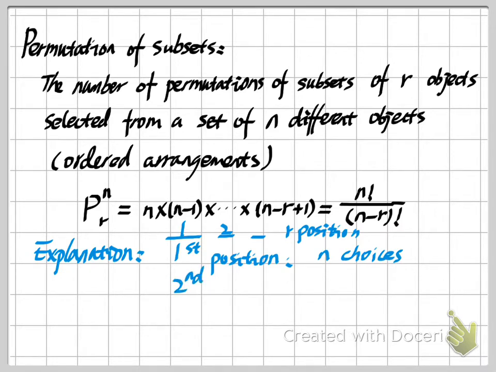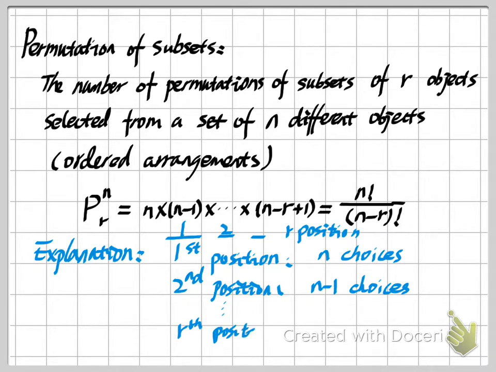However, when we go to the second position, how many choices do we have? Because we already selected one from the n objects, what is left is only n minus 1 choices. And this will continue until the r-th position.